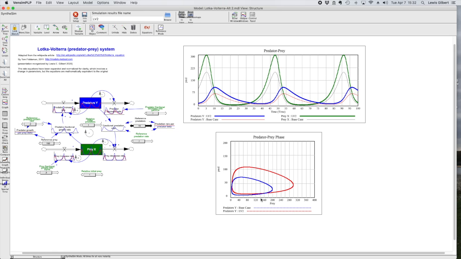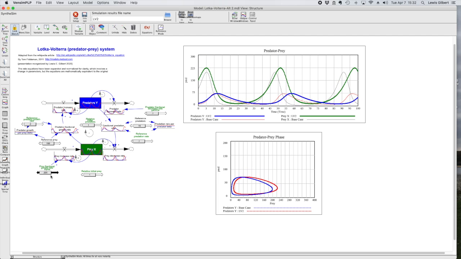So now, if we decrease the reproduction rate of the rabbits, we can get close to our base case, but we don't ever quite swing through it. Well, what if we then adjust the predation rate?